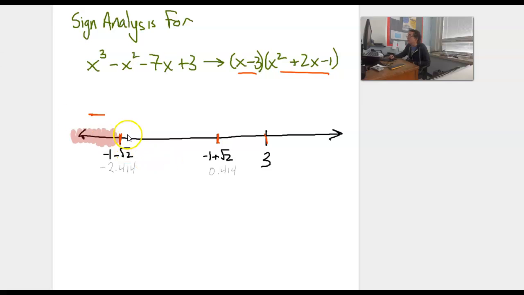Now the next region goes from negative 1 minus root 2 to negative 1 plus root 2. I could pick any number from this region. The decimal approximations were helpful here because they show me that 0 is definitely between these two numbers. And I'll look at this factor with x equal to 0 and this factor. If x is 0 and I subtract 3, that'll give me a negative value.